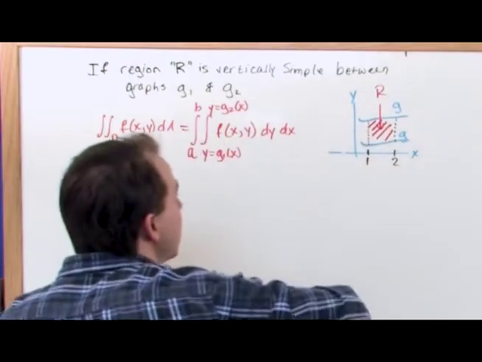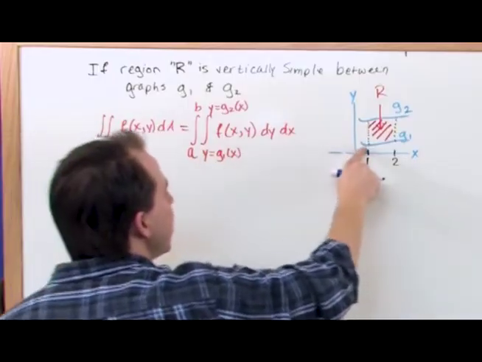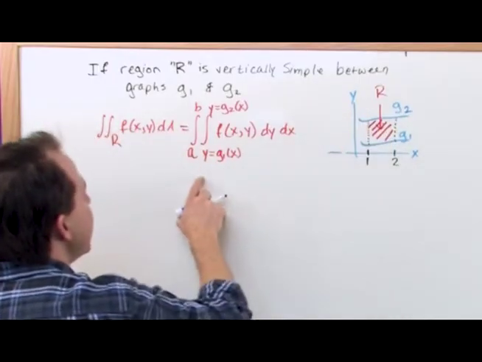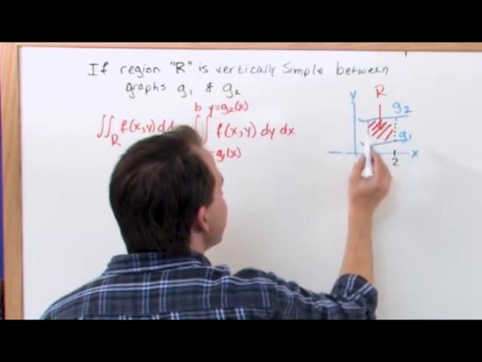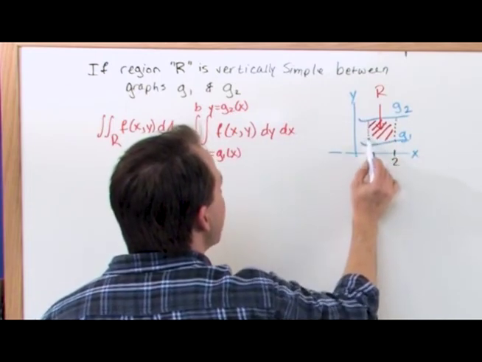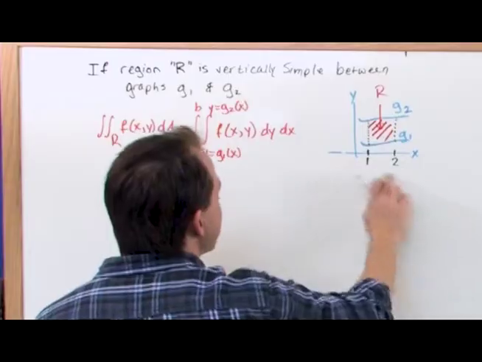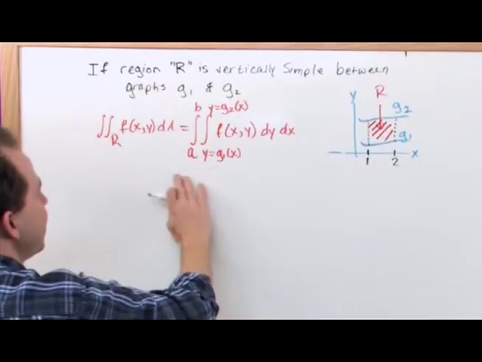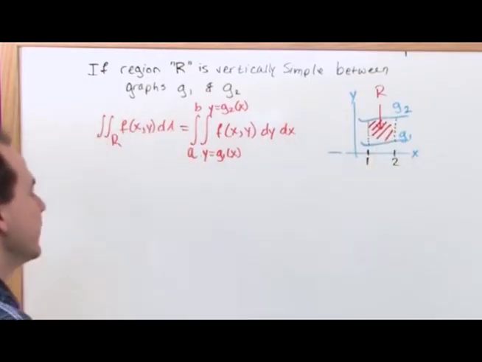This should be g1 and this should be g2. So you're integrating from g1 of x to g2 of x. So you're integrating from this graph up to this one, and you're integrating your function over this. And a to b is just integrating along x right here. So by using the combination of the two, I'm sweeping out an area that I'm integrating over, and that area is the region R.